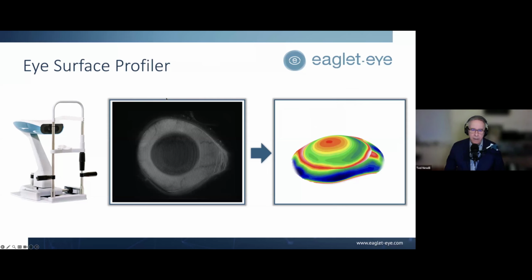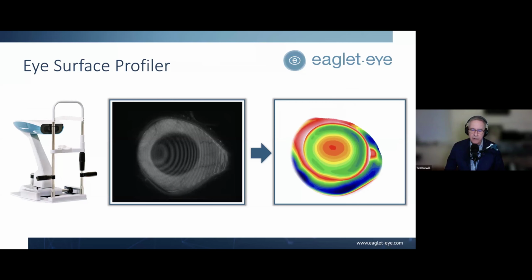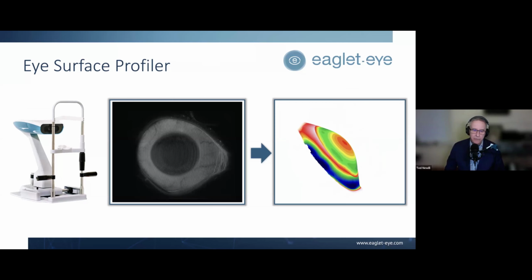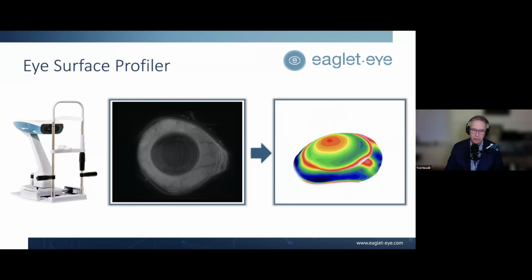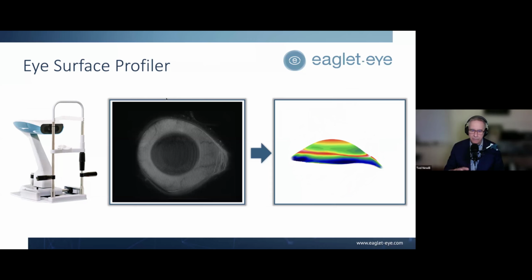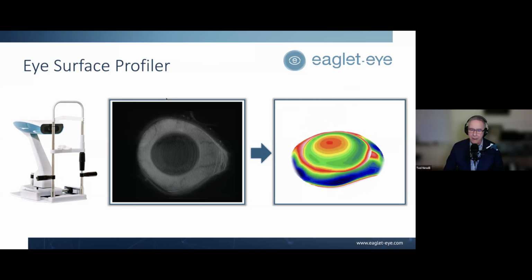So we're talking about a bunch of case studies tonight related to the eye surface profiler. Most of you know a little bit about the eye surface profiler, or you probably wouldn't be here. Essentially, we're applying a fluorescein coating on a nice lubricating drop that has hyaluronic acid onto the eye, and that gives us a reflection of data via Fourier transformation, and we get height data, and we convert that height data into very accurate 3D maps.